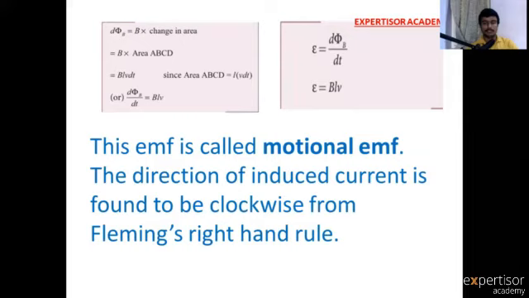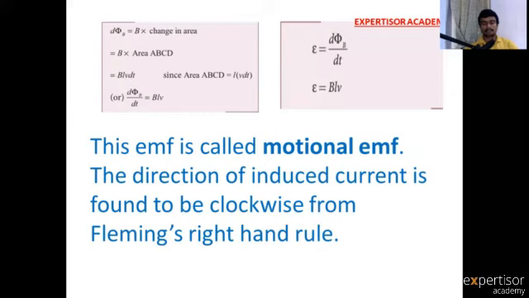The direction of induced current is found to be clockwise from Fleming's right hand rule. So what is Fleming's right hand rule? You have to arrange your thumb, forefinger and middle finger in a three-dimensional way. These three fingers indicate three different properties.